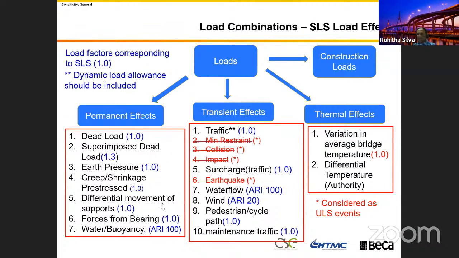Then the same picture I included before. For the permanent effect, we have a load group. For the transient effect, we have a load group. The permanent effect is going to be there in the bridge, and there is the thermal effect. I need to mention again, for the transient effect, we are designing the bridge for traffic load. The traffic load in the Australian standard, you need to magnify by the dynamic load allowance.